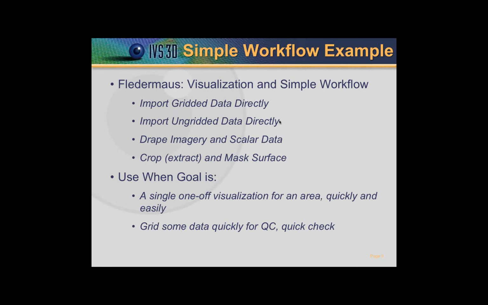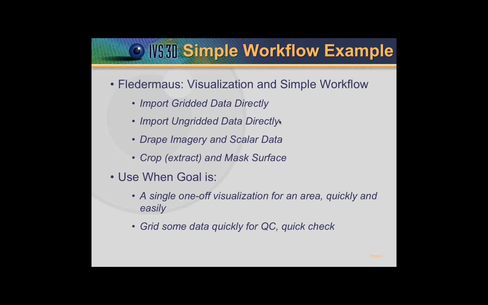You may have some ungridded XYZ data, XYZ data that you've downloaded from the web that you need to get in. You can do that directly in Fledermaus now. Once you've got an image of some side scan, you might want to drape that onto a digital terrain model. Do that directly in Fledermaus. You want to crop an area or mask out a surface, and again, directly in Fledermaus.